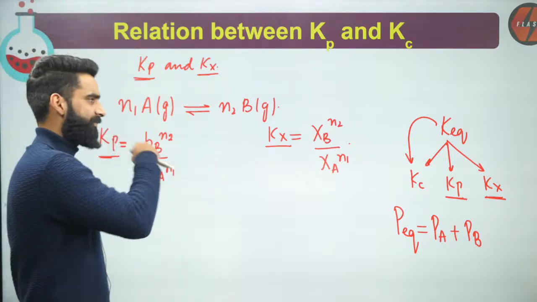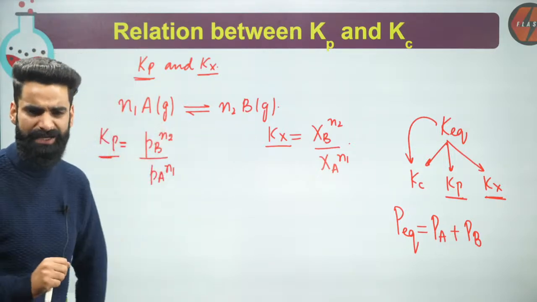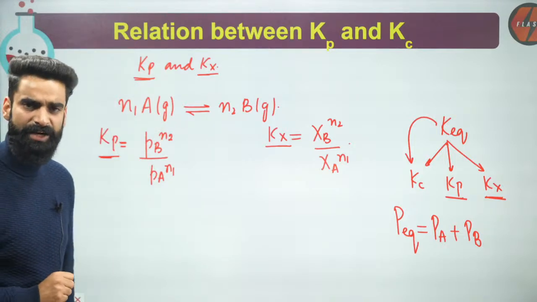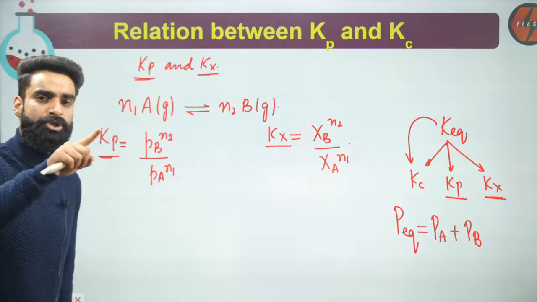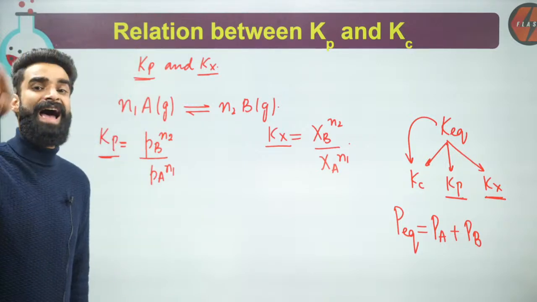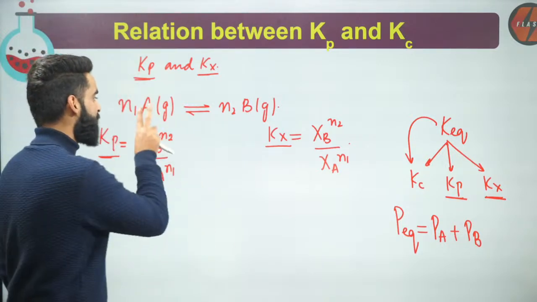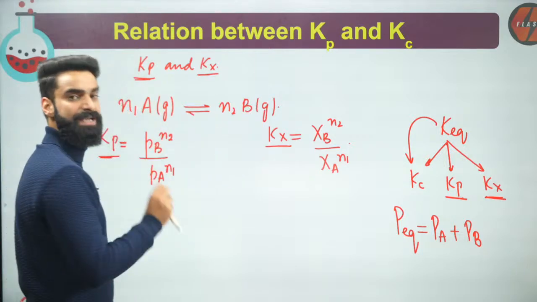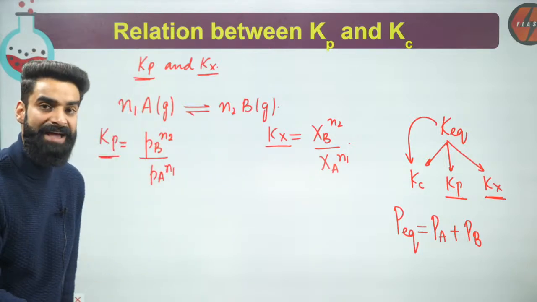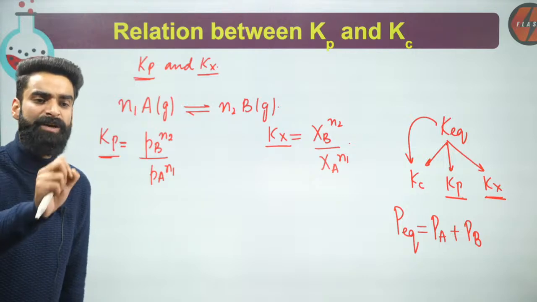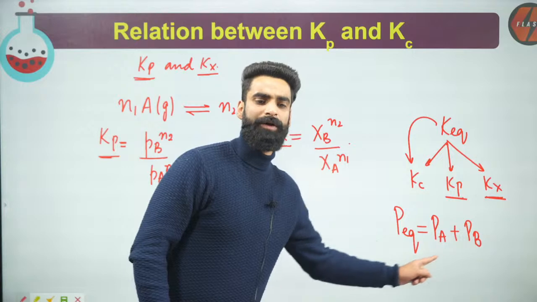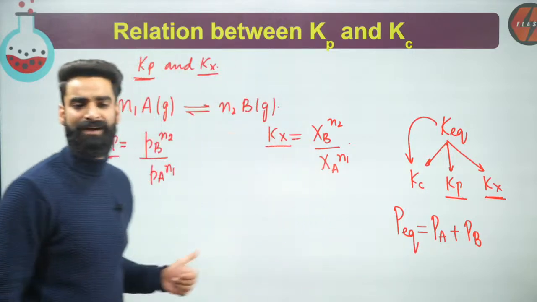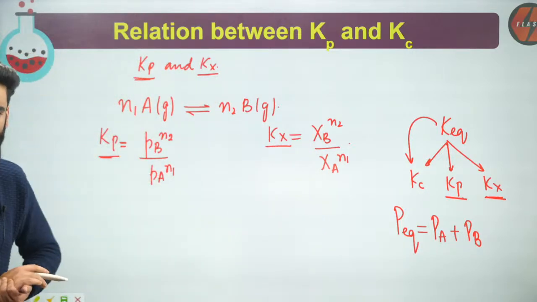That means the partial pressures of A and B will attain a fixed value at equilibrium. And whatever the total pressure of the mixture at equilibrium is, it will be equal to the sum of the partial pressures of each gas in the container at equilibrium.